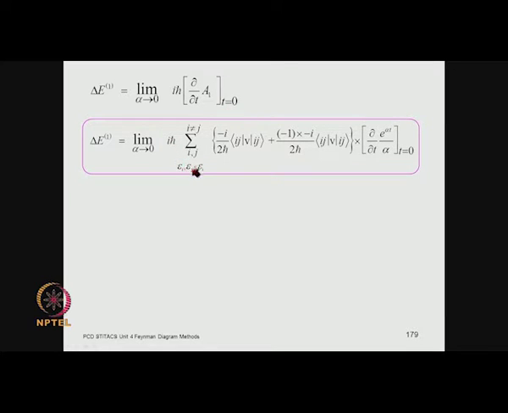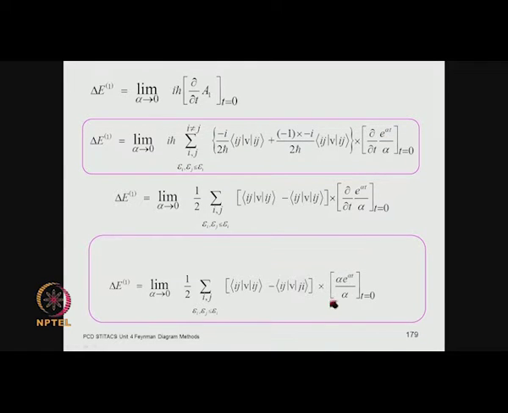When you take the derivative of this term, this is the only time dependent term, everything else is independent of time. So, you have to take the time derivative over here, and it is just the time derivative del by del t of e to the alpha t, which is alpha times e to the alpha t. So, here you have it.